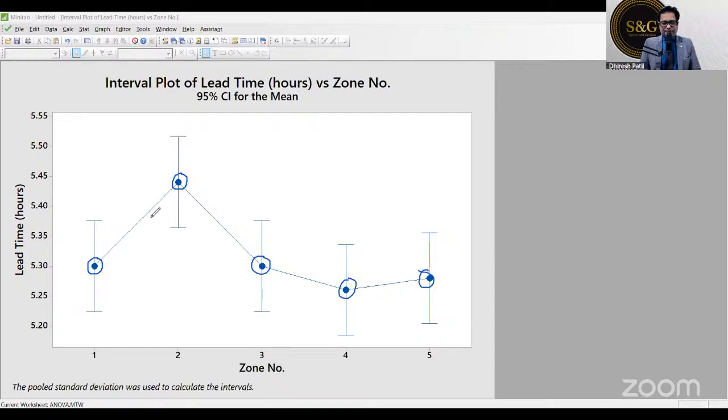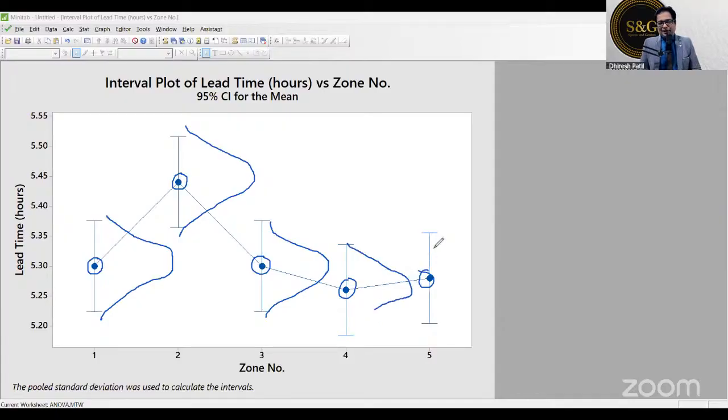If you closely observe, if I draw histograms, it would look like this. Yes, everybody, can you see here? The same analogy which I used earlier for 2-sample t-test.